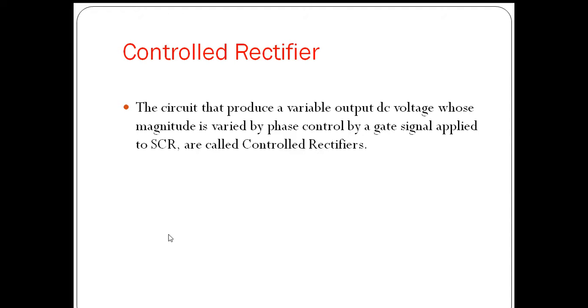A controlled rectifier is a device converting alternating current into direct current, but here we have a provision to vary the output voltage. This output voltage is varied by varying the instant of applying the gate signal. If we change the firing angle to the SCR, the output voltage across the circuit changes accordingly. That's why these are called controlled rectifiers.